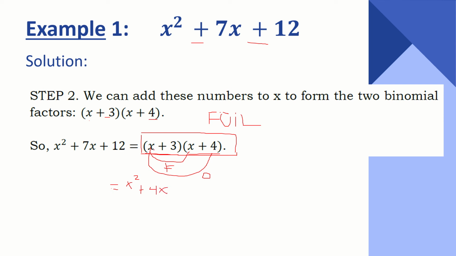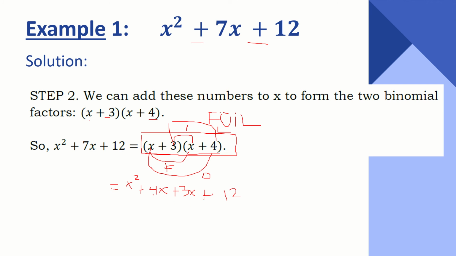Now, next is the inner term. We have 3 and x as our inner term. So 3 times x, we have 3x. And for our last term, we have 3 and 4. 3 times 4, we have 12. Now, combine like terms.